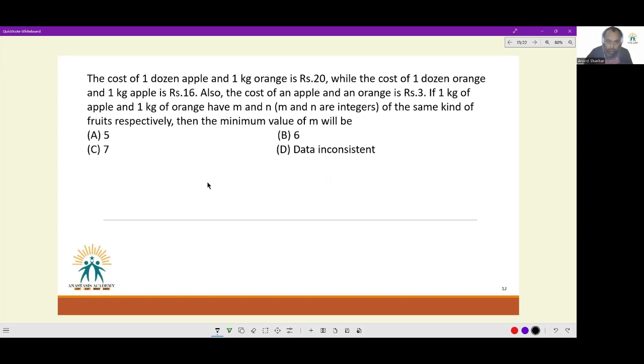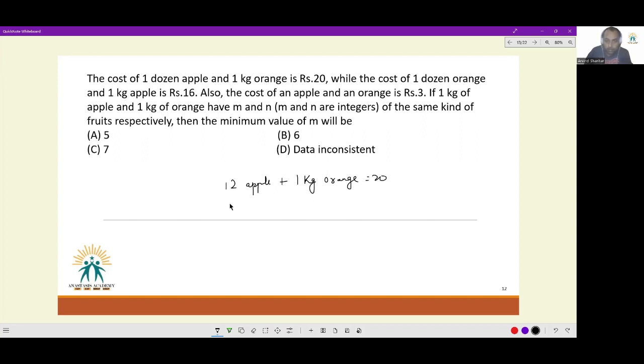Okay, look at this. 1 dozen apples, or let me write it as 12 apples plus 1 kg orange, is equal to 20.